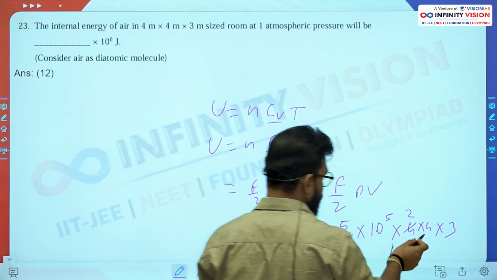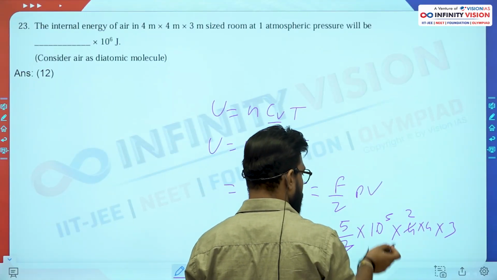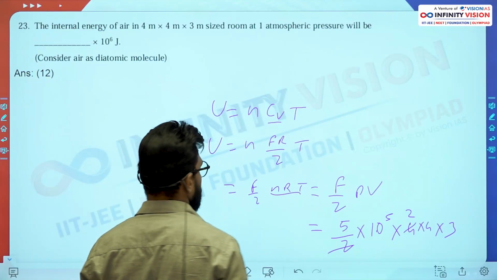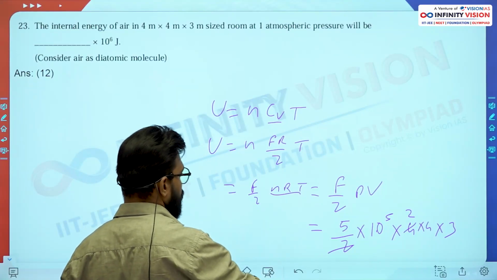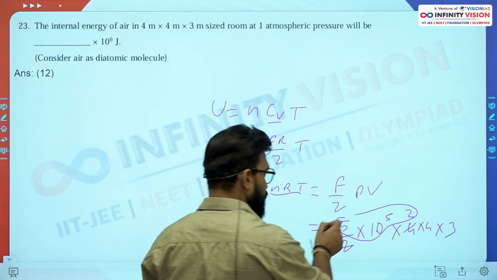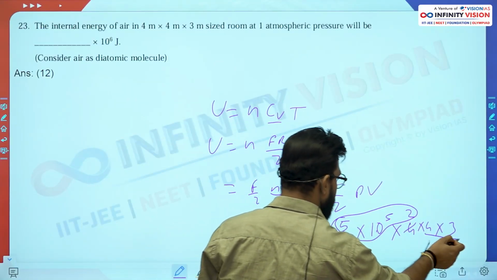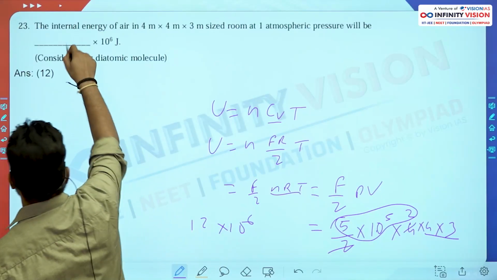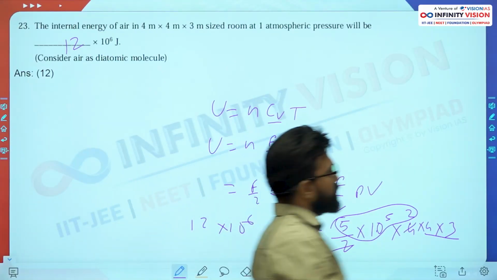So this would be 5 by 2 into 1.012 into 10 to the power 5 into 48, which gives about 12 into 10 raised to power 6. So the answer that we are getting is 12.